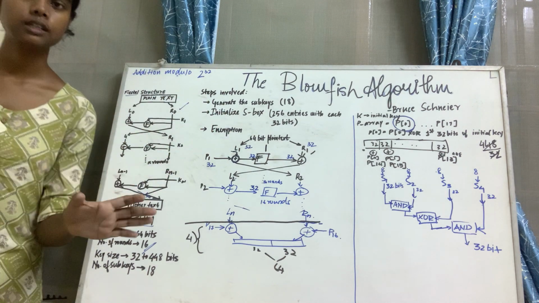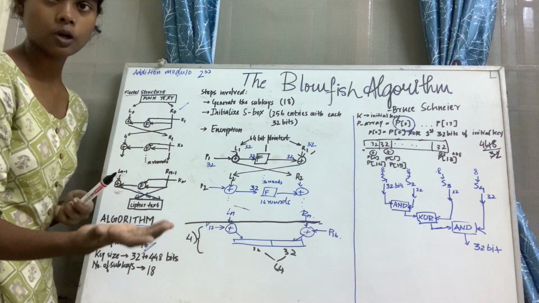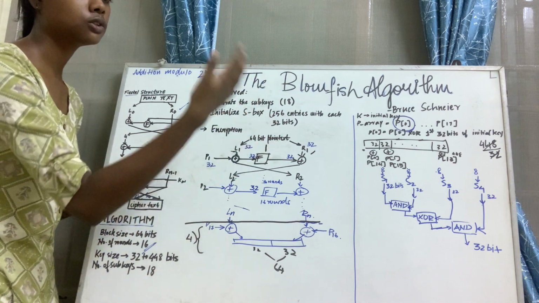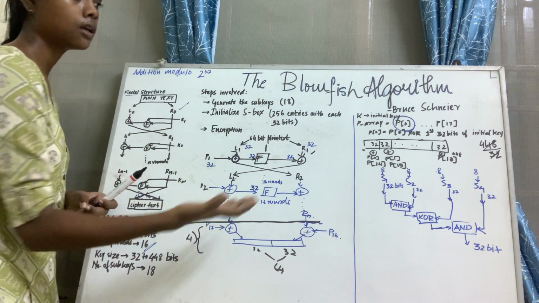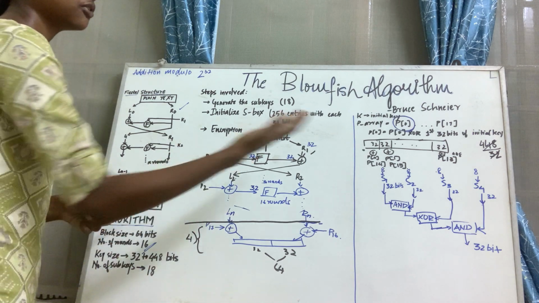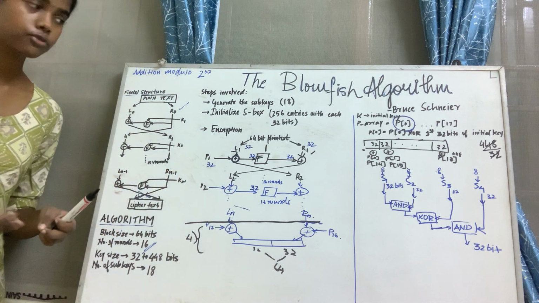So first we will be generating the subkeys with the help of the initial key by performing XOR operation, dividing the original message into 32-bit blocks and performing XOR operation with the array locations, and if it overflows we just go back to the first location to perform XOR.